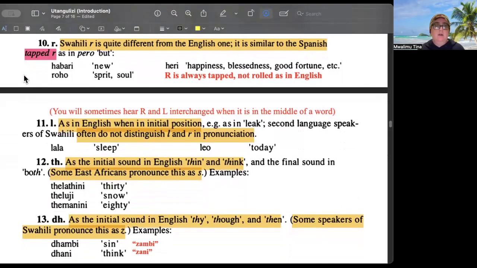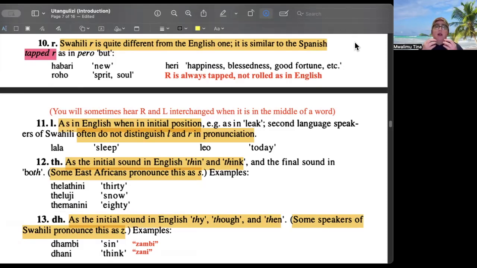The letter R. The Kiswahili R is different from the English R, especially American English, with that hard R. It is similar to the tapped R's we have in Spanish. For example, pero, pero. The tip of the tongue is tapping the roof of the mouth.